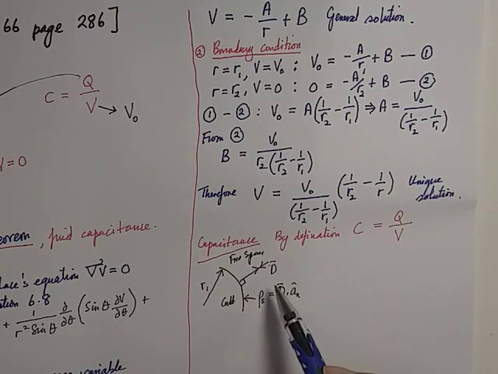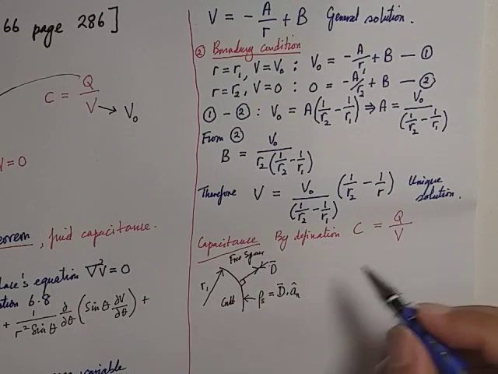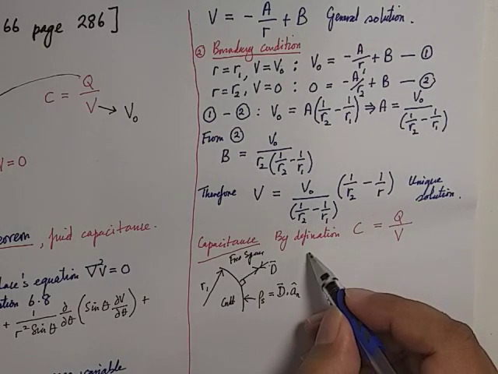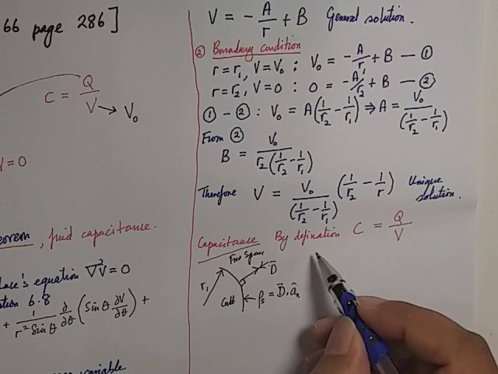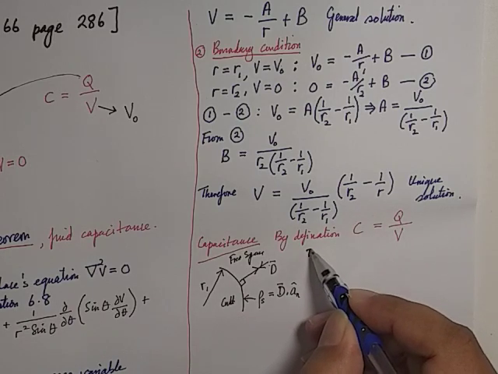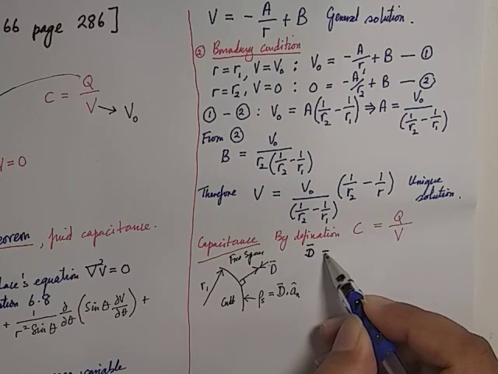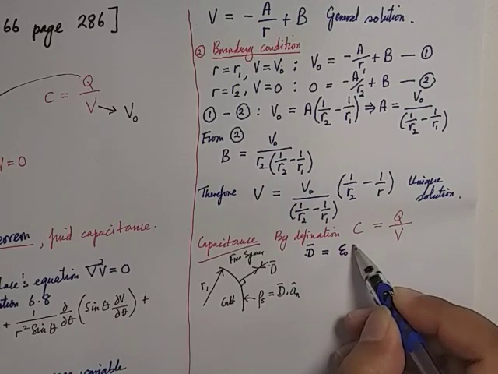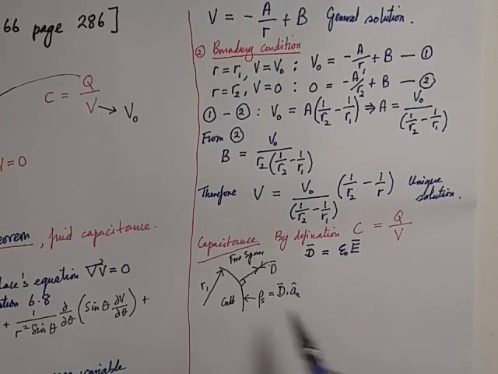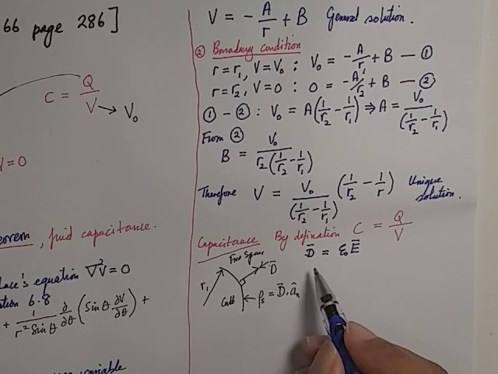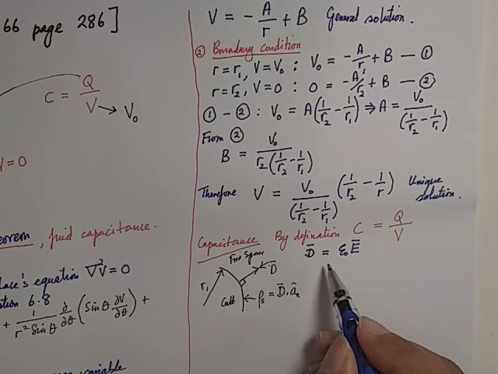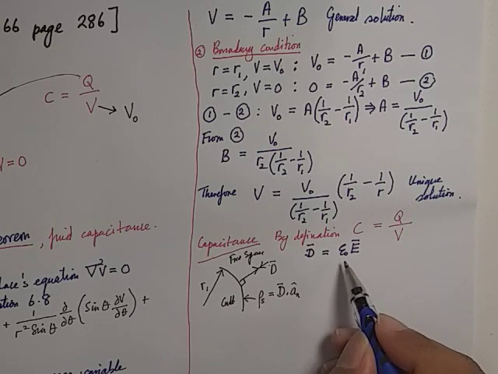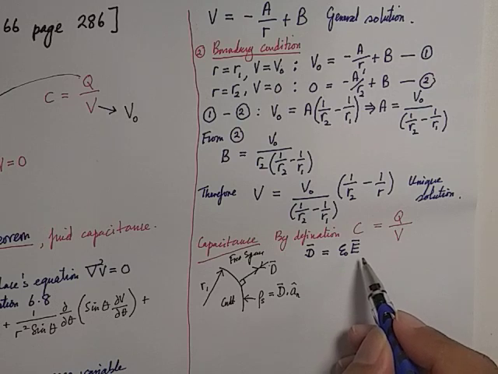Okay, so the D has to be related to the V. Knowing V, I can find the D. So D is going to be epsilon naught multiplied with the E. That should be my D: electric flux density is equal to permittivity of free space multiplied with electric field intensity.